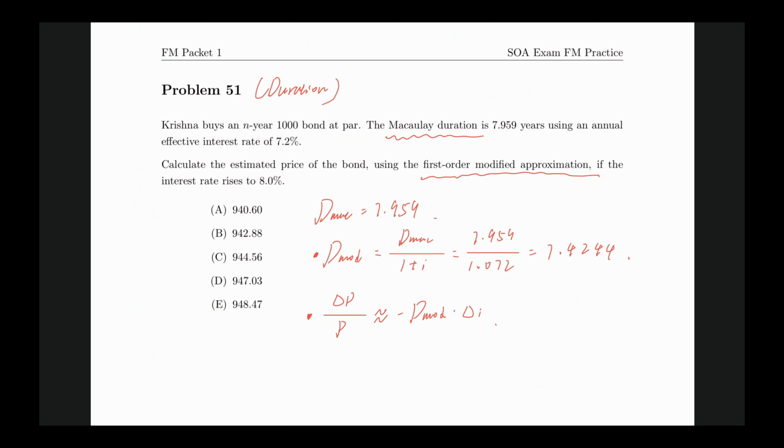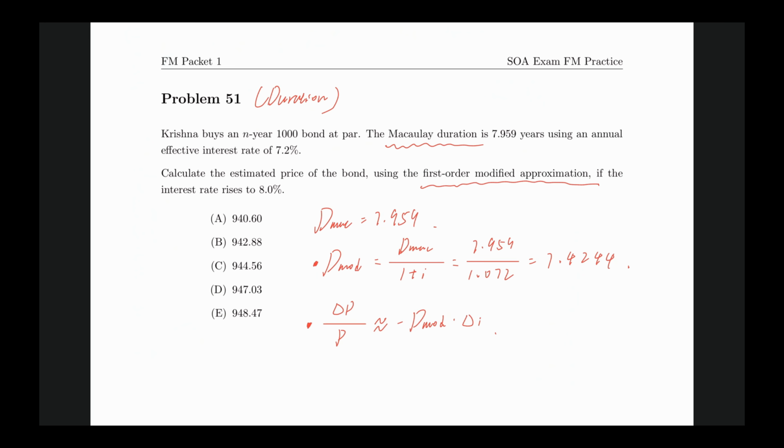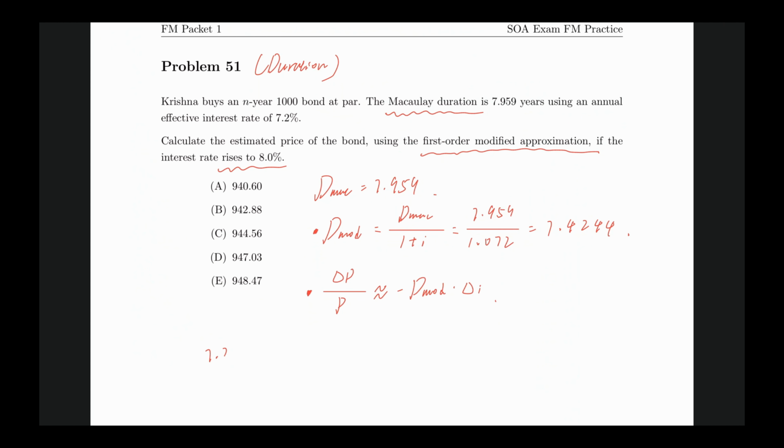And let's see. Since the interest rate rises to 8%, this means that the interest rate changes from 7.2% to 8%. And that change is exactly plus 0.008, in other words, 0.8%.